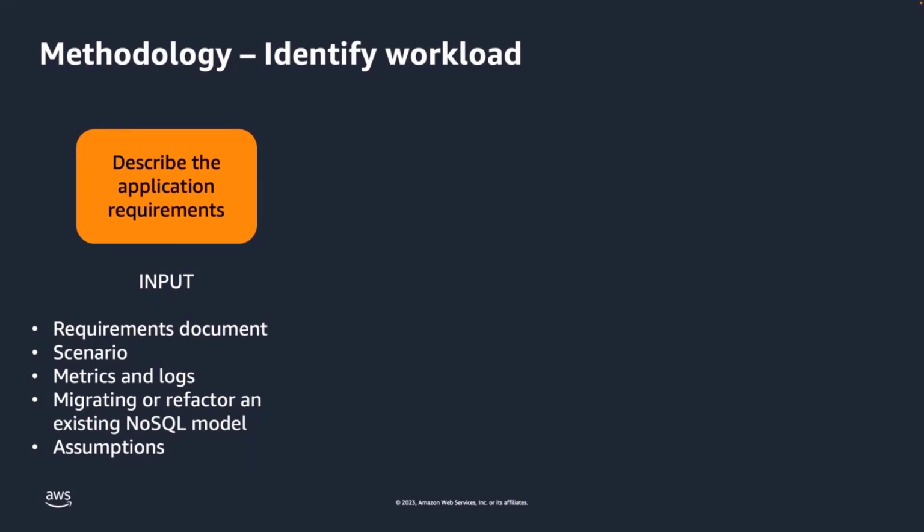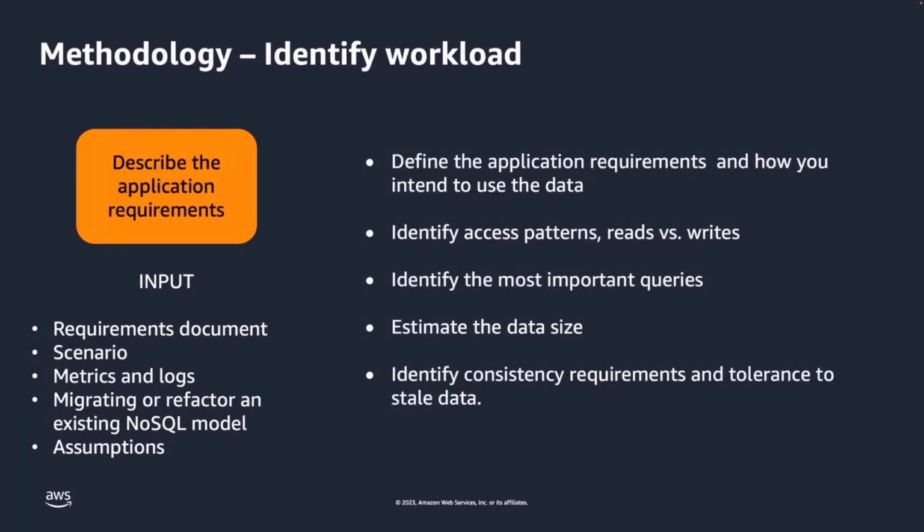Even if you get those numbers wrong, recording those numbers will allow you to observe if there's a major deviation once the workload is in production. When you observe those differences, it will be a good indicator that you may have to iterate again over your schema. So in this phase, you should be able to define the requirements, how you intend to use the data stored in the database, identify the queries, identify access patterns, how many reads versus writes are expected, identify the most important queries.